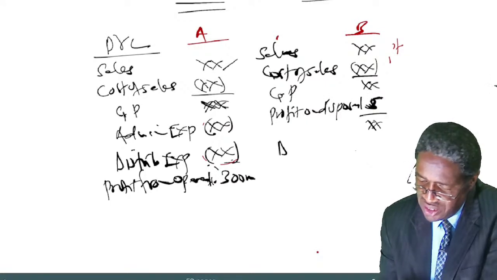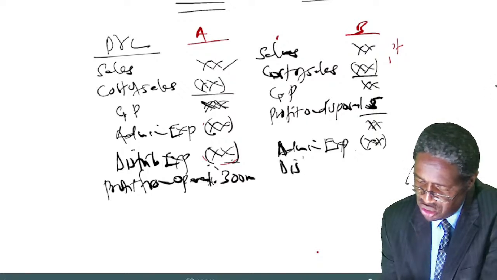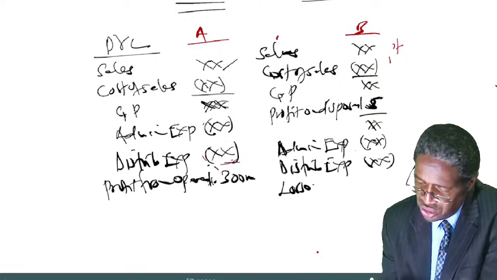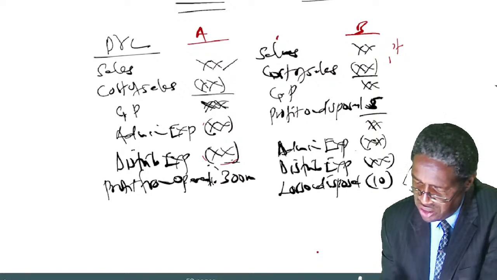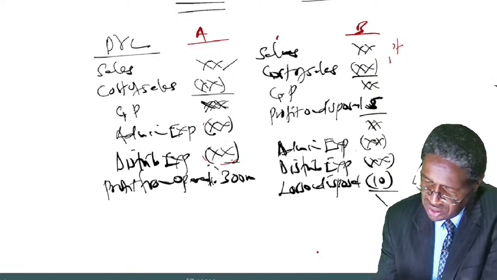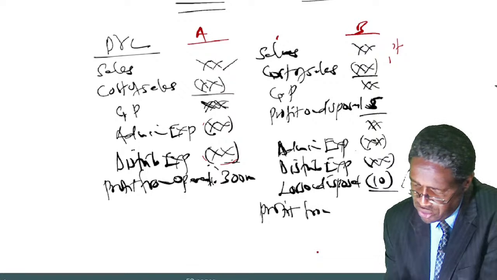Got whatever it is, admin expenses, whatever it is, distribution expenses, whatever it is, loss on disposal, 10 million. Got whatever you got. That is what we are calling profit from operations.